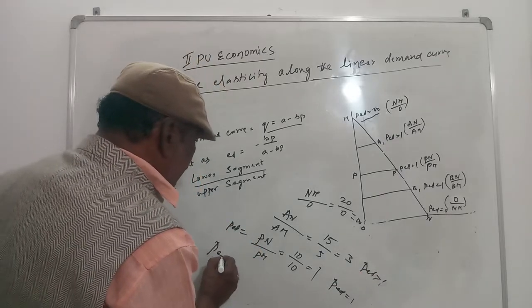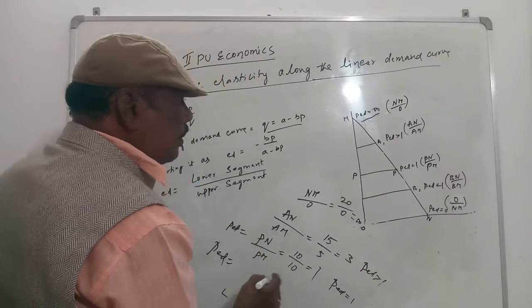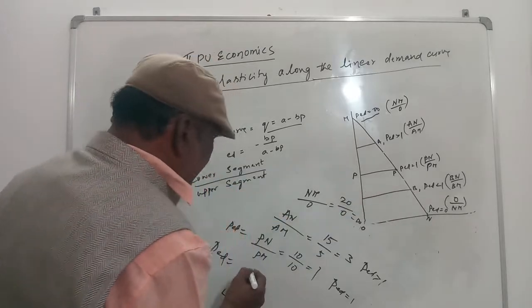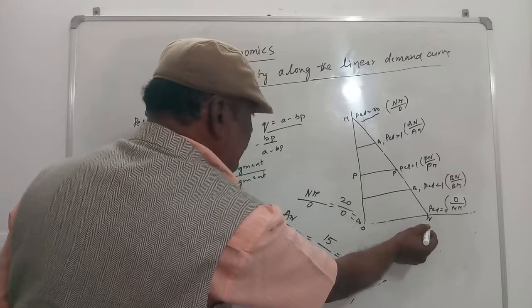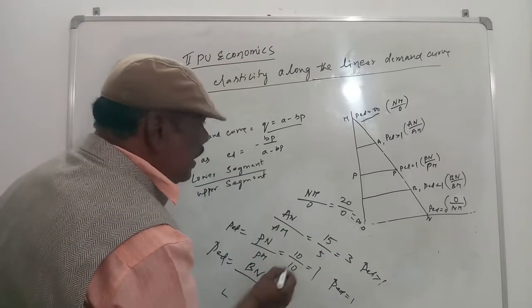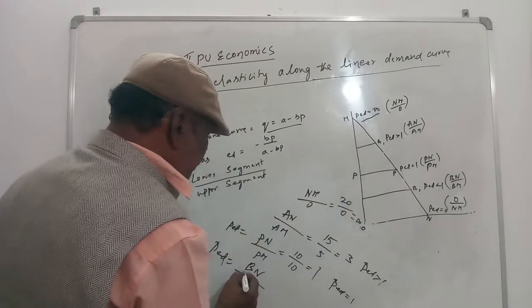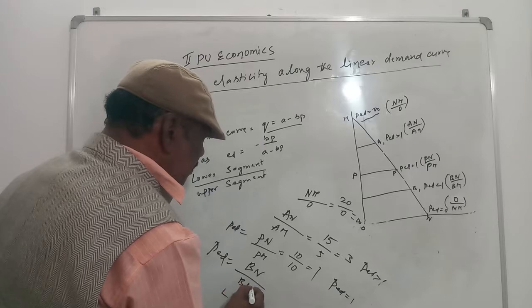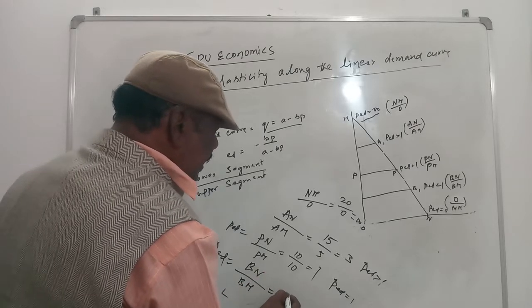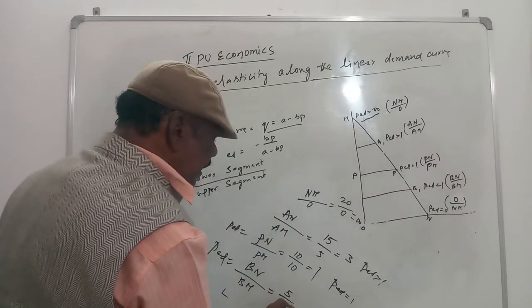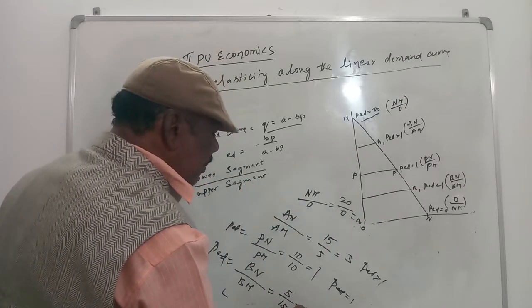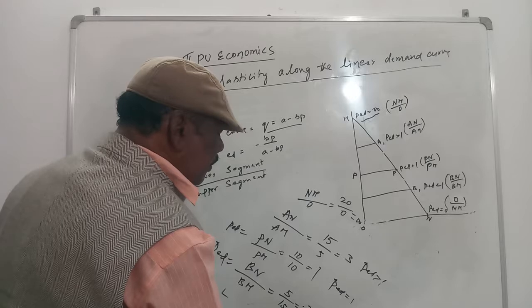Okay, coming to the fourth one, PED is equal to BN divided by BM. What is BN? BN is 5 and BM is 15. So it comes to 0.33.